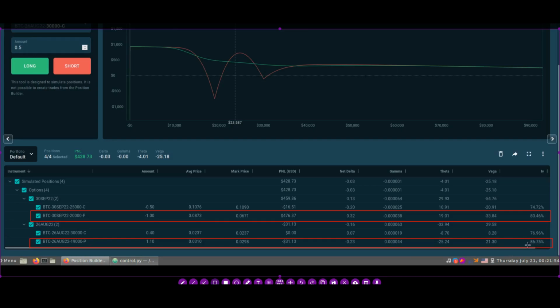So 86, that is actually not super good because ideally it should be lower than the sold volatility.